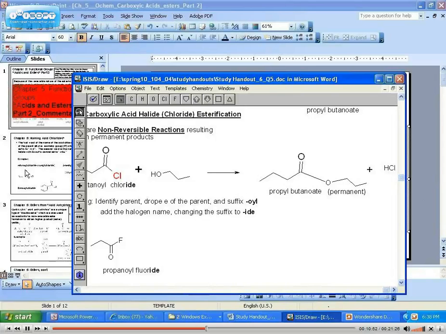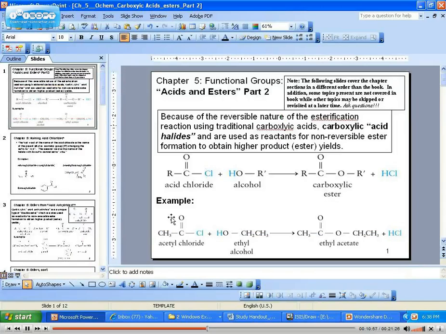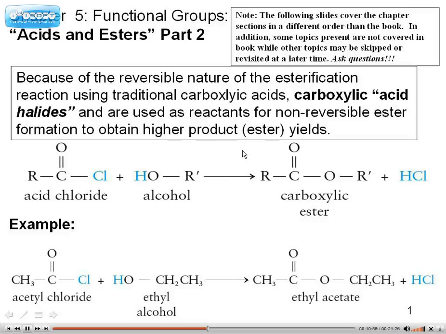So let's go straight to our slides now. Here we have this acid halide, and it could be fluorine, chlorine, bromine, or iodine. Because it's a chlorine, the slides are more specific. Because it's a chlorine, we call this, instead of an acid halide, an acid chloride.